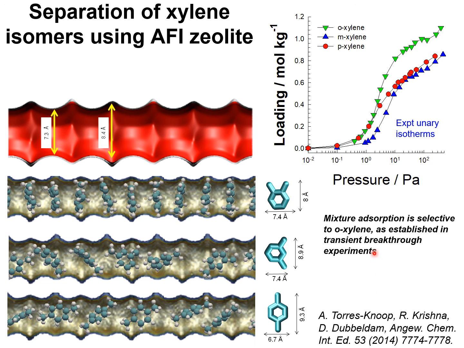Indeed, experimental data on transient breakthroughs of xylene isomers shows that orthoxylene is the most strongly adsorbed component and breaks through last. However, in industrial practice, we need an adsorbent that is selective to paraxylene and not orthoxylene.